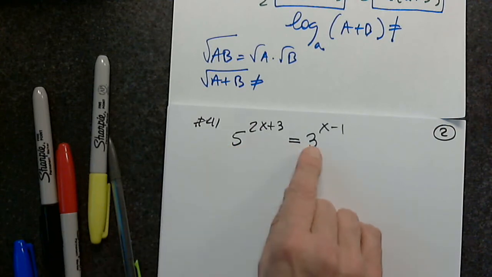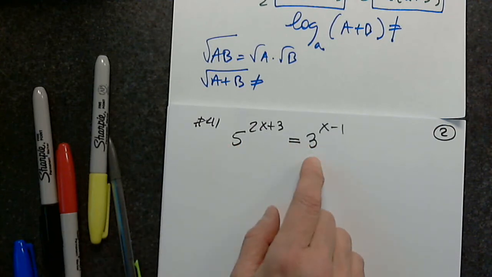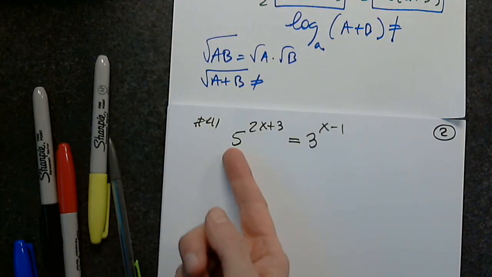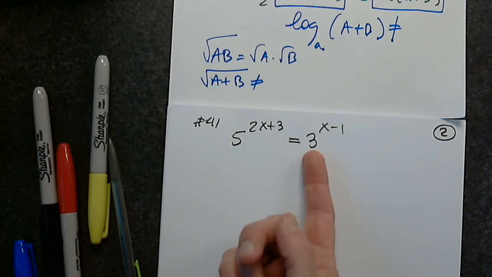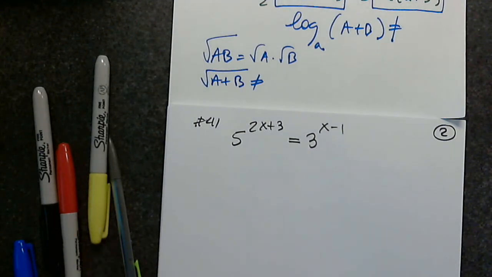If these bases are 10 or e, we know exactly which one to apply, right? If it's 10 here and 3 here, I will apply log 10, the common log. If I have 5 here and e here, I will apply the natural log to both sides. But with 5 and 3, I will not apply log base 5, and I will not apply log base 3.